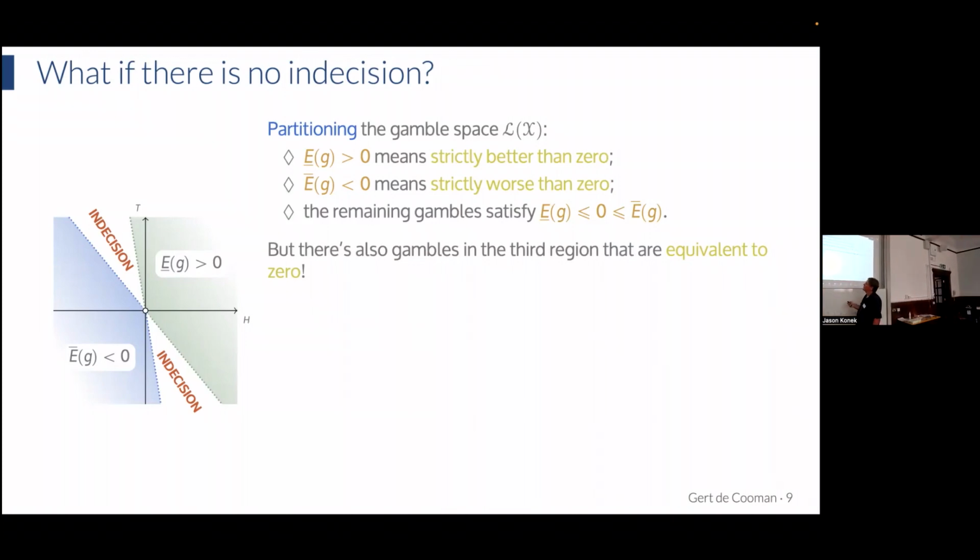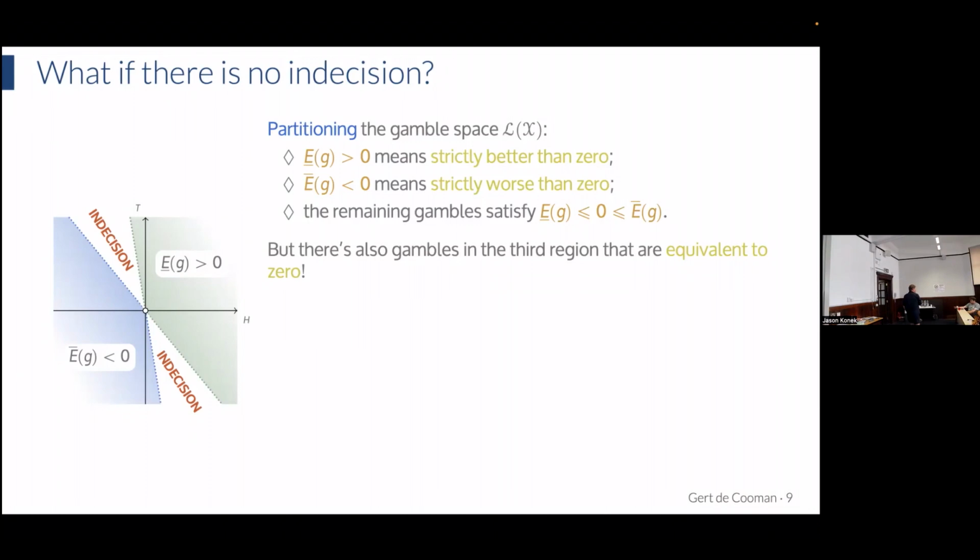The negation: if I put a minus in front, I get to the blue region, and that is exactly what I commonly see, the gambles for which the upper expectation is strictly negative. So those are the ones that are strictly worse than zero. And then the remaining ones in the white region here is what previously I called the undecided gambles, the region of indecision.